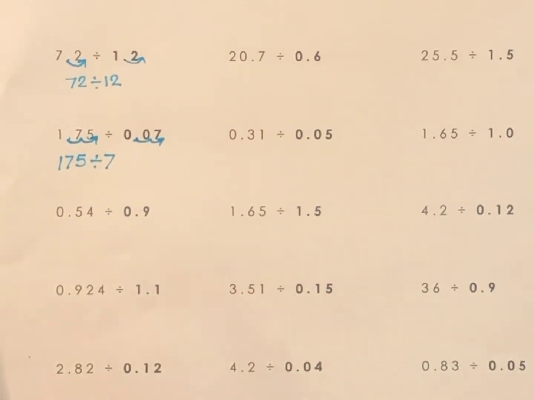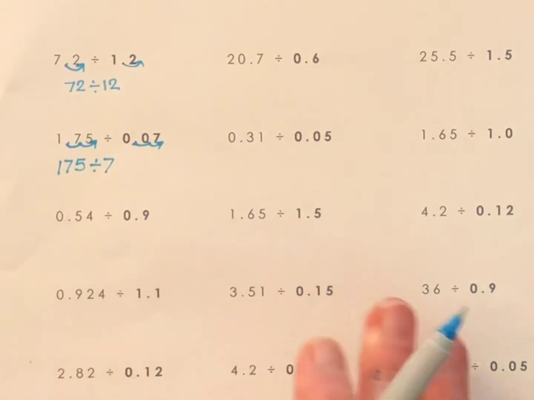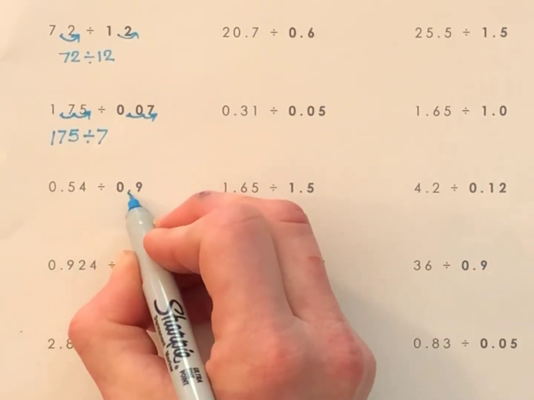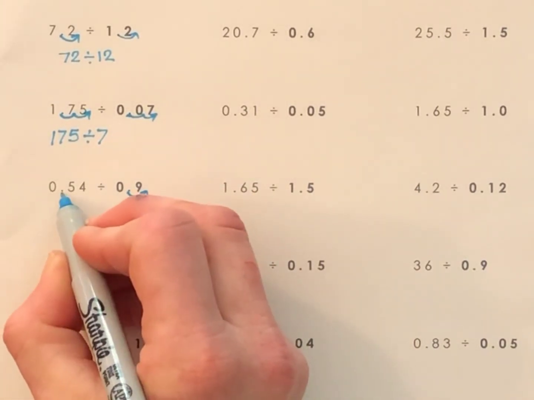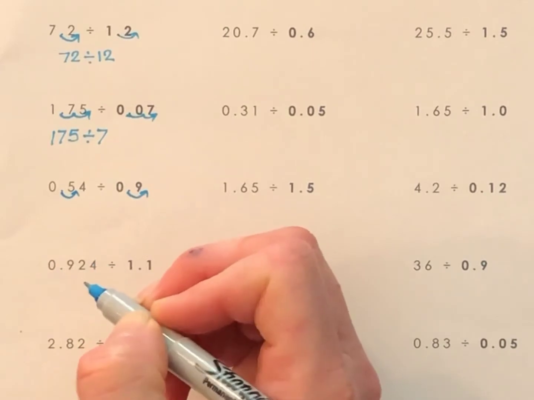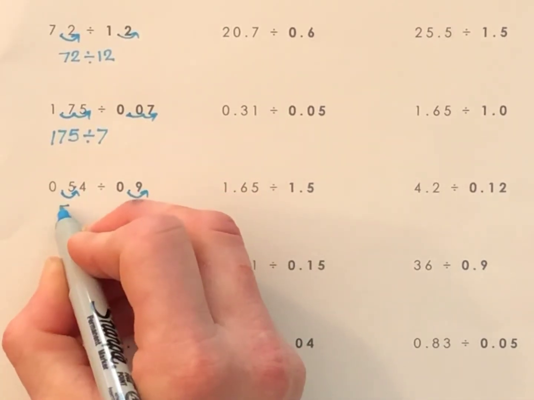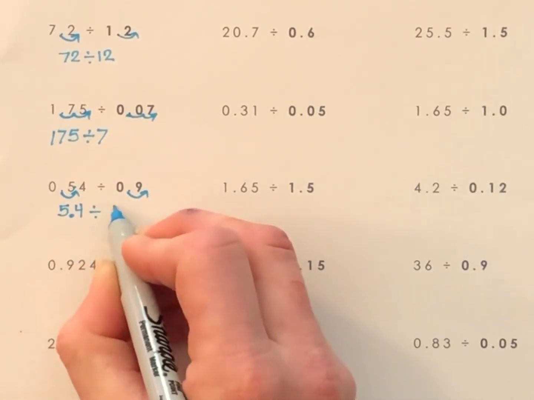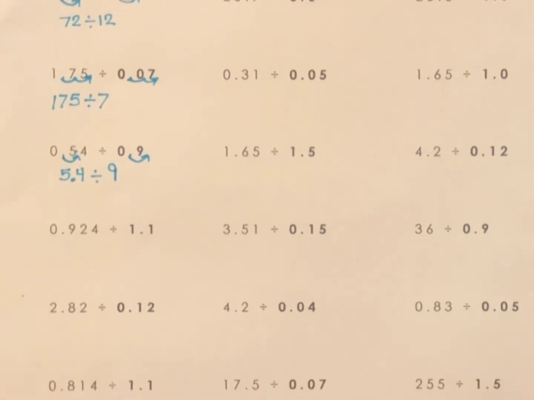In both of those cases, I ended up with 2 whole numbers. In this one, we won't. 9/10. You move 1 decimal place. So that means we have to move this 1 decimal place, and only 1 decimal place, which puts the decimal here. So then we're left with 5 4/10 divided by 9, just like that. Now come down here.